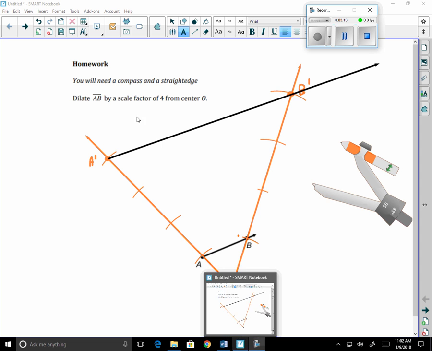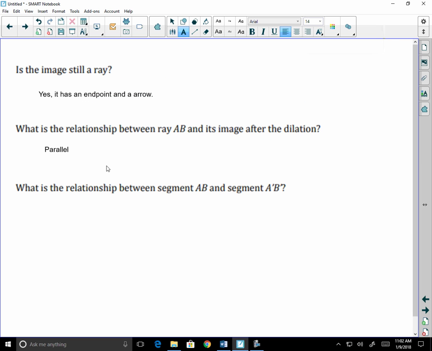So because of that, I know that the relationship between those two, other than it being parallel, is AB times 4 is equal to A prime B prime. So A prime B prime is 4 times the length of AB because of the scale factor of 4.